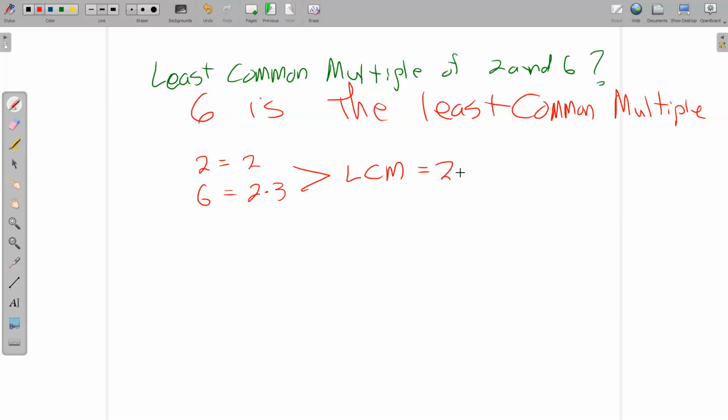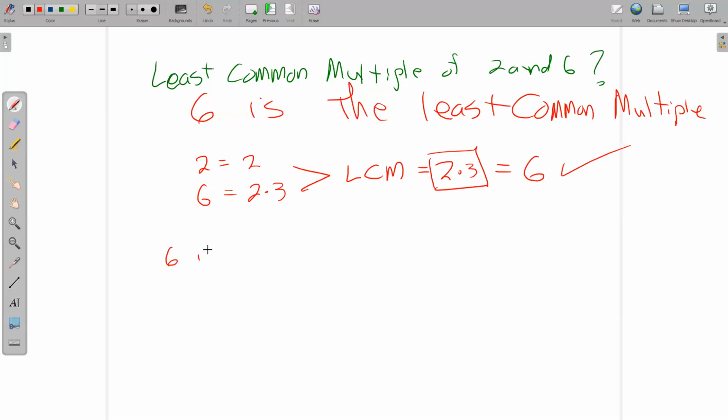The 6 needs a 2 times a 3, but we don't take any more than we have to. So it turns out we stop there. We don't have to repeat a 2. 2 goes into 6, 6 goes into 6. That's the smallest of the common multiples. So it turns out that is the smallest possible denominator to add halves and sixths.